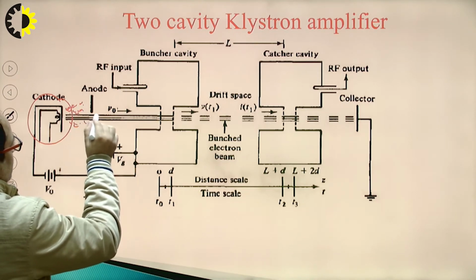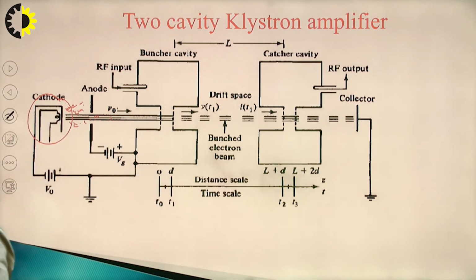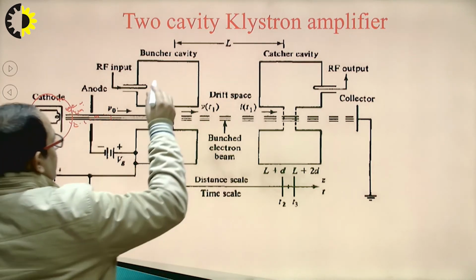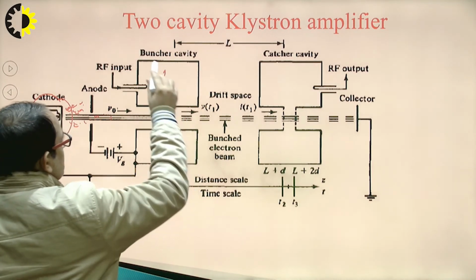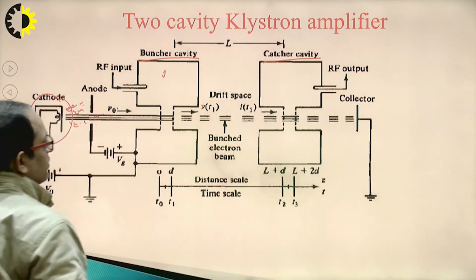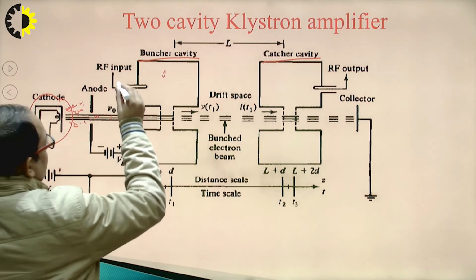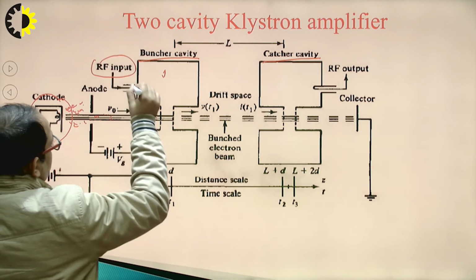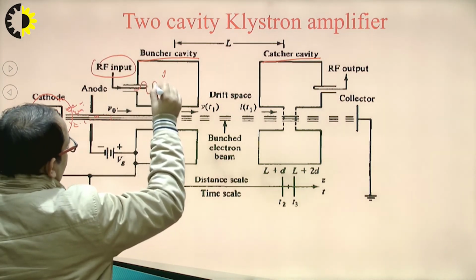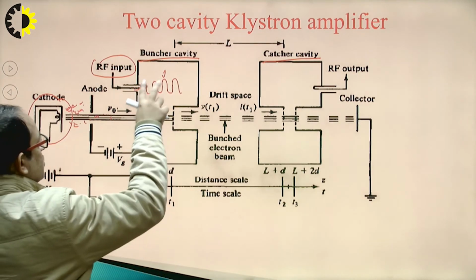So this mainly focuses the electrons in a straight line. The first cavity is known as the buncher cavity, and the second cavity is known as the catcher cavity. In the buncher cavity there is an RF input which provides an RF signal to this resonant cavity.